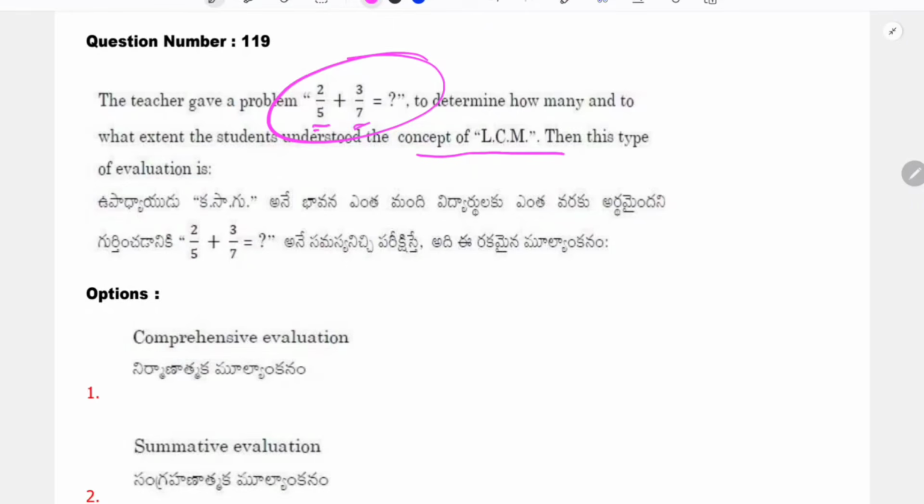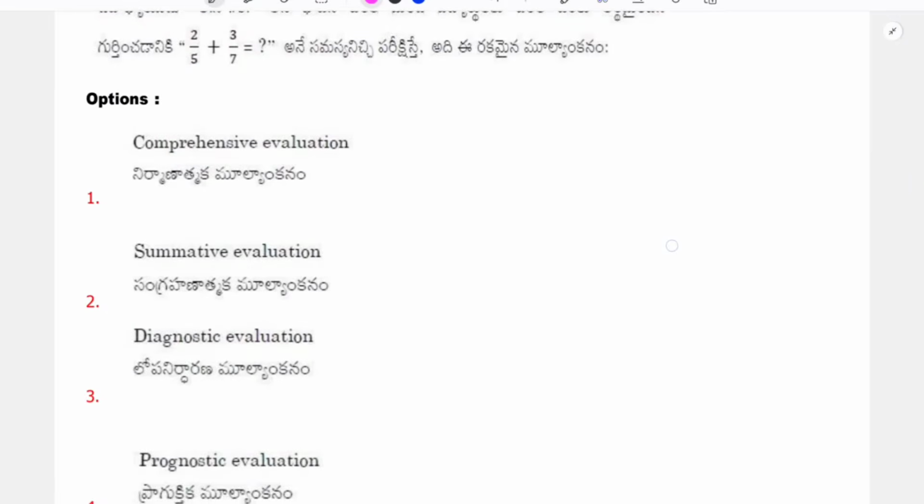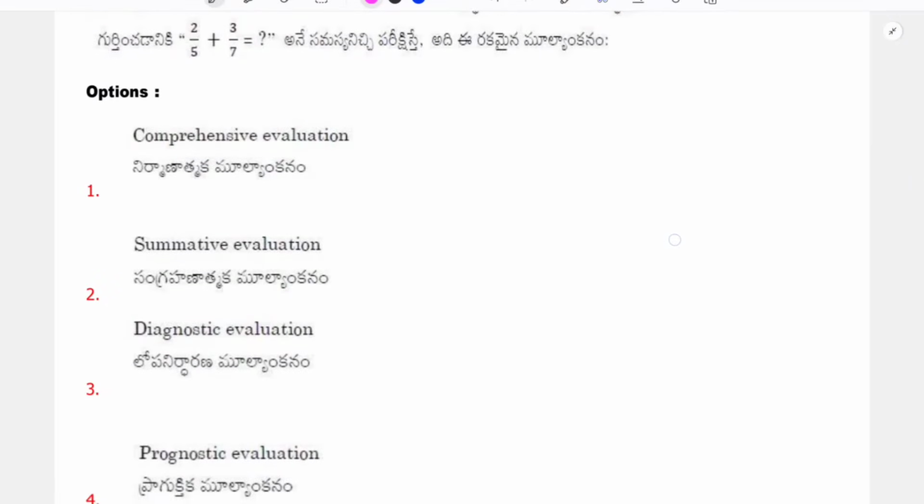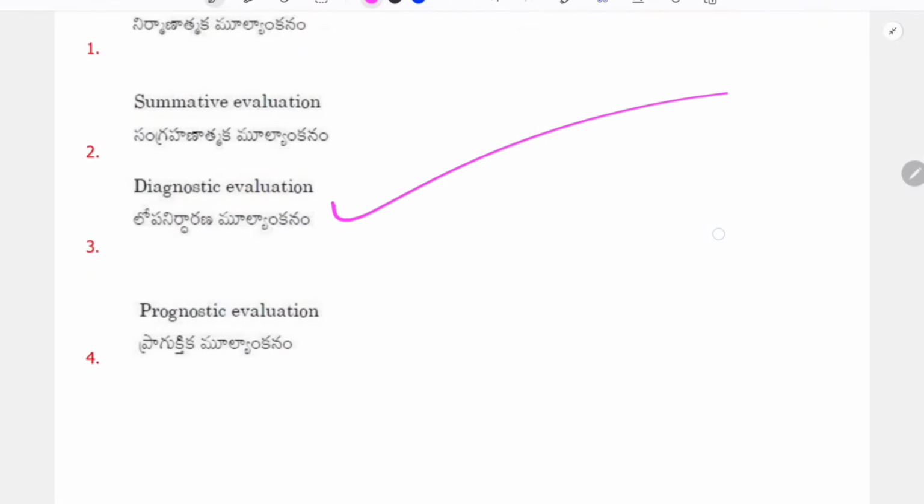This type of evaluation is known as what? Comprehensive evaluation, summative evaluation, diagnostic evaluation, or prognostic evaluation. This comes under diagnostic evaluation, correct.